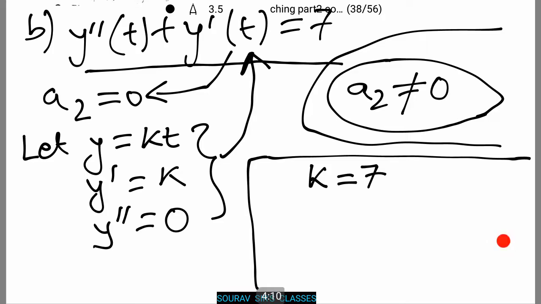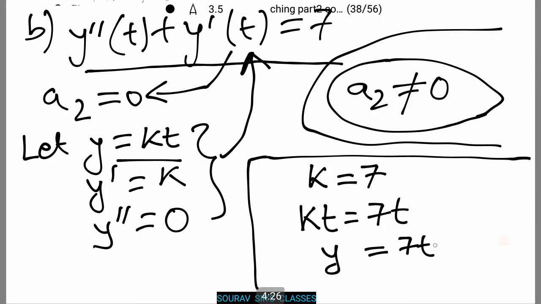Notice we need a t term for a particular integral, so we multiply t on both sides. Kt equals 7t, and kt we know is equal to y. Therefore y equals 7t, and this is the particular integral required for this question.